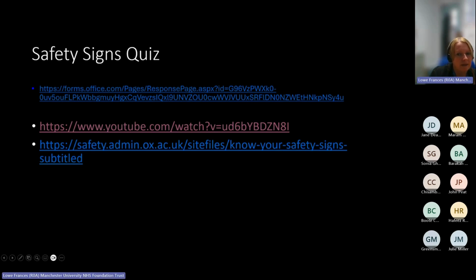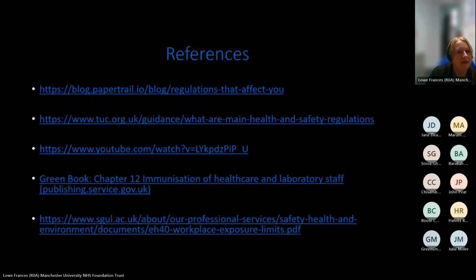I've also put at the end of the presentation lots of references that I've used in doing this presentation. So for example, the Green Book, that was off the government website, that adds a lot about immunisation of healthcare and lab staff. There was some stuff about exposure limits.